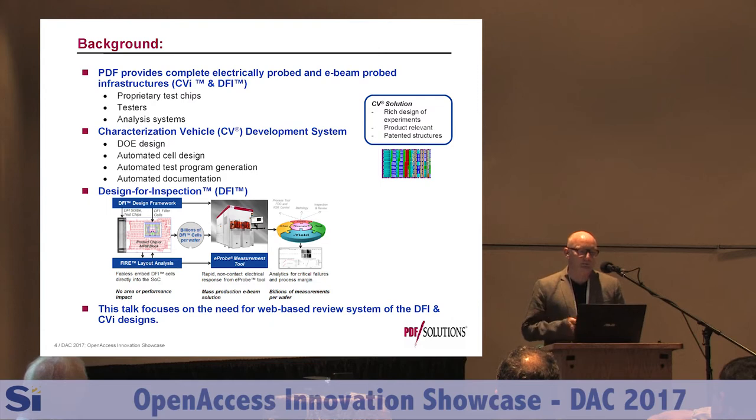It is composed of proprietary test chips, test systems, which are electrical as well as e-beam, and entire analysis systems. What we call the characterization vehicle development system comprises everything from DOE design to automated cell design, automated test program generation, automated documentation, and so forth.